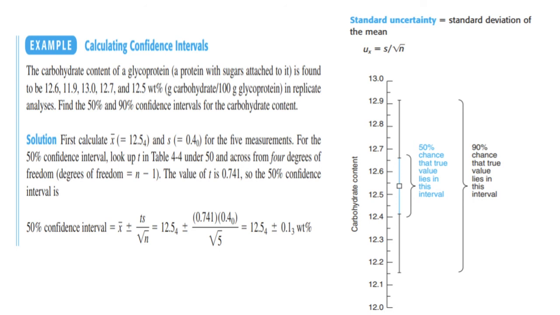So the first thing I would like to do is break down the formula for confidence interval. We know a confidence interval consists of the mean and some other stuff too, like the t times s.